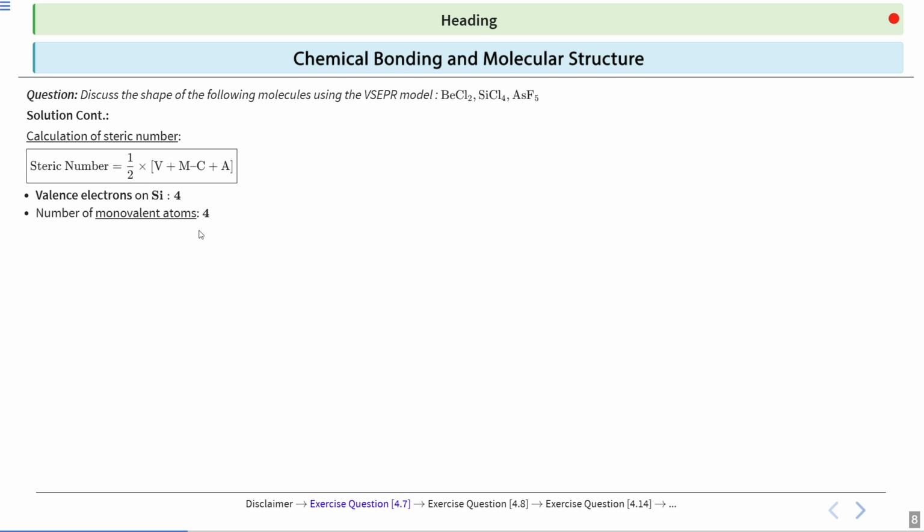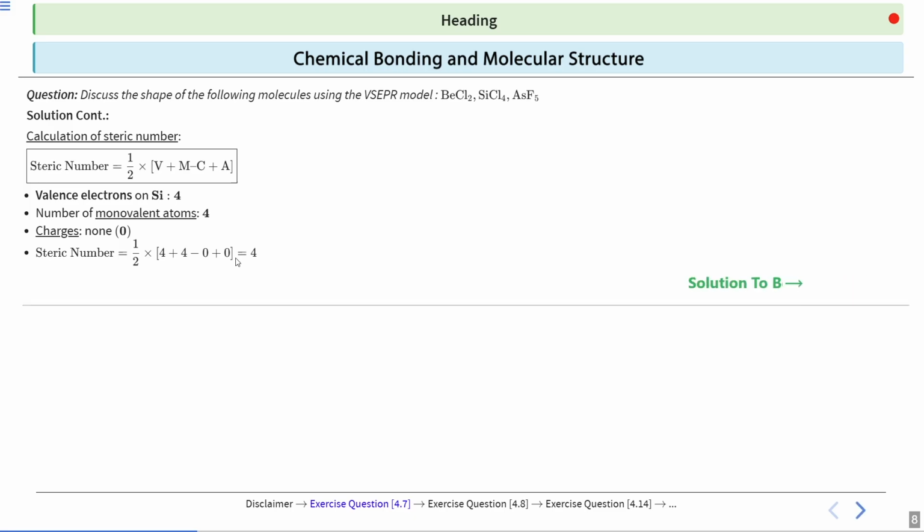Further, the number of monovalent atoms will be 4, because chlorine has a valence of 1, so it is a monovalent one. Then the charge is 0; the compound is completely neutral. So the steric number can be calculated as 4 plus 4 minus 0 plus 0, multiplied by 1 by 2, which gives the steric number of 4.